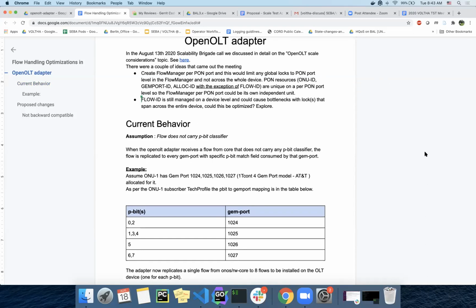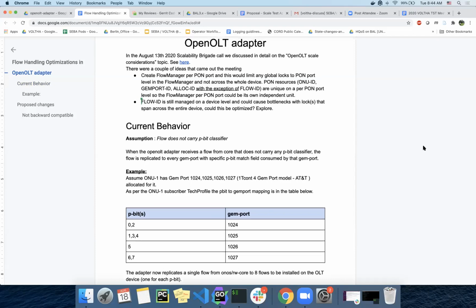So what was the question? How do we determine that this change actually shows real improvement on hardware? Oh, ONF does not have so many ONUs. But we do have scale testing for the OpenOLT agent. But it's a different kind of scale test.